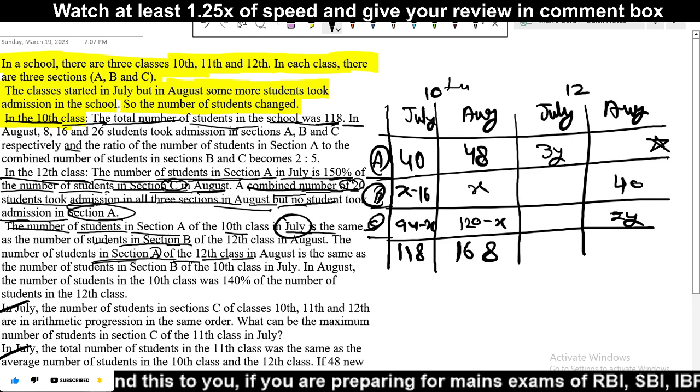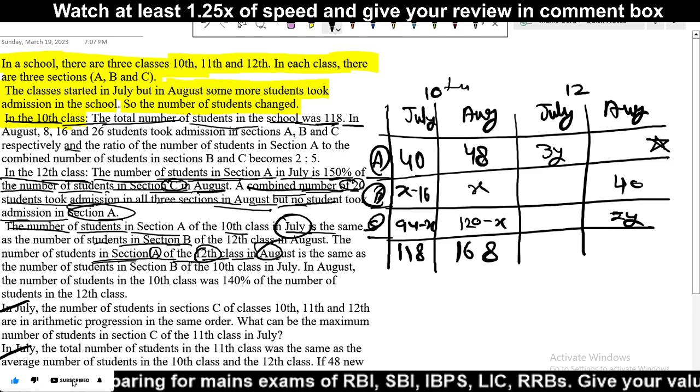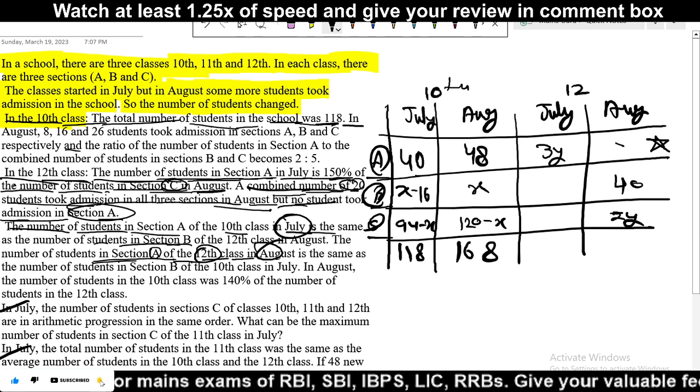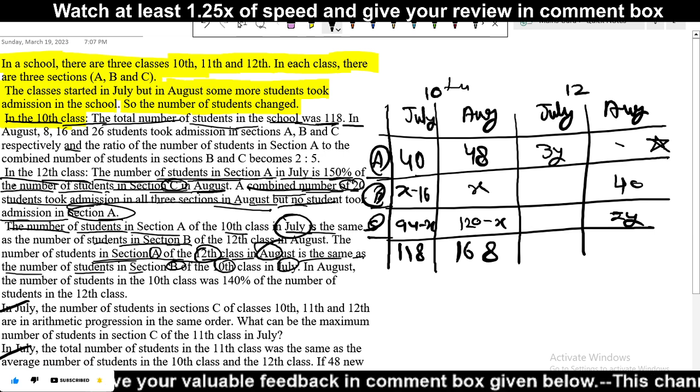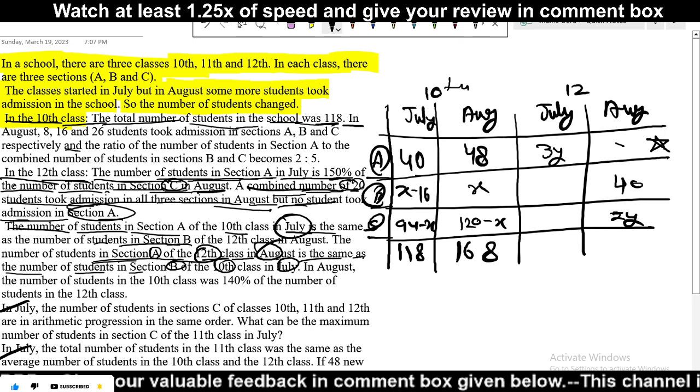So we are talking about this point. Okay, it's the same as the number of students in B 10th class July. Where is B 10th class July? This and this both are the same. So I can write x minus 16 here.